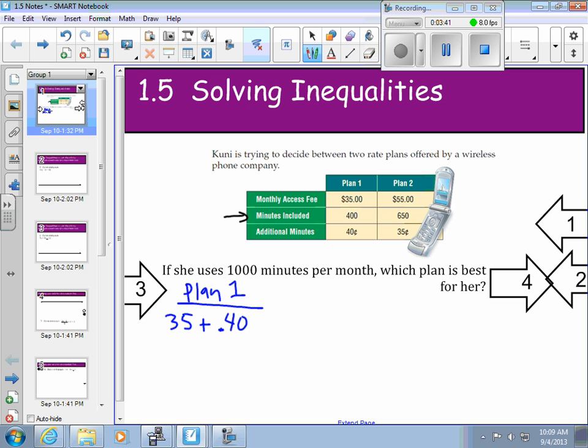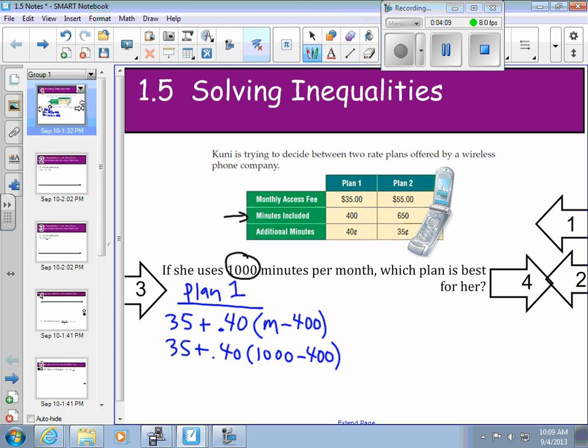We're going to have to multiply that by the number of minutes over her included minutes. So however many minutes we use minus the included minutes, in this case 400 minutes. So we want to use this to solve it out. Our number of minutes we're using is 1,000. So let's figure out how much this would cost if we plug 1,000 in for M.